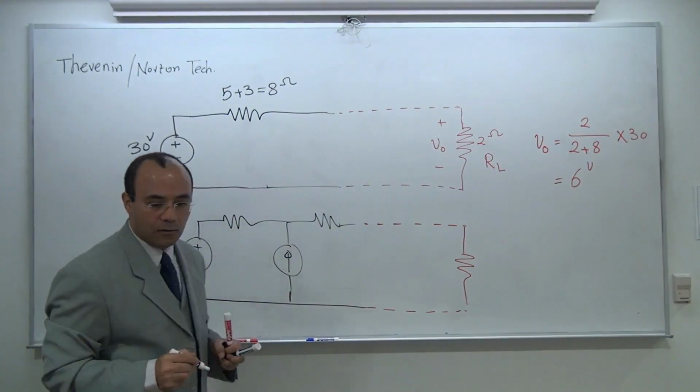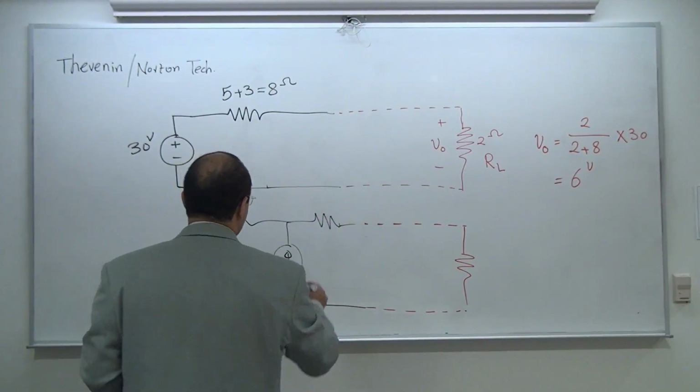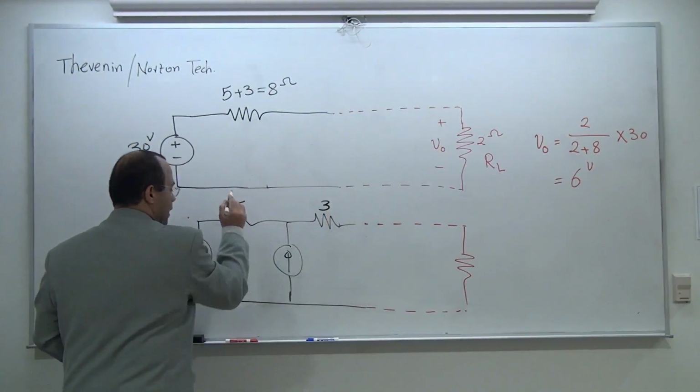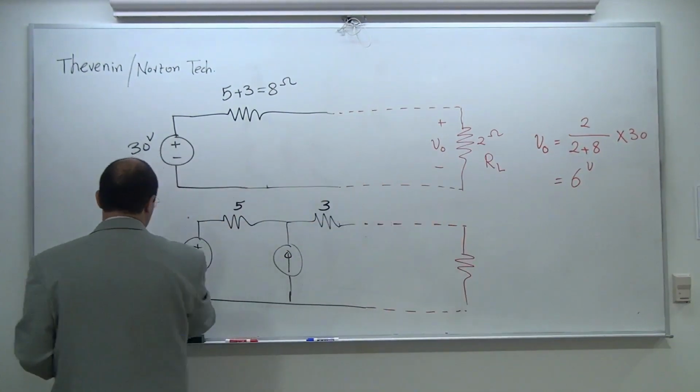Okay, now the resistors would be 3 and 5, and the value would be 4 amp and 10 volts.